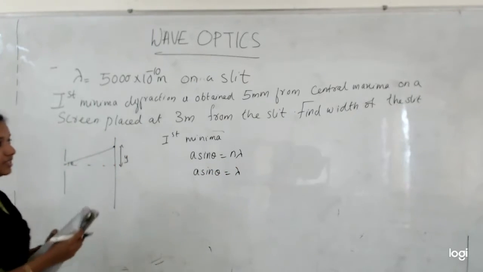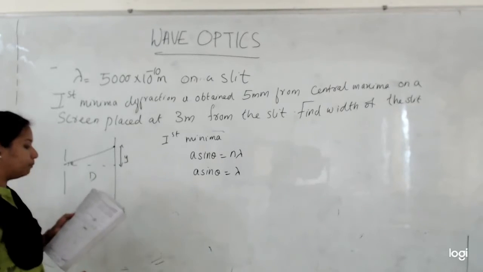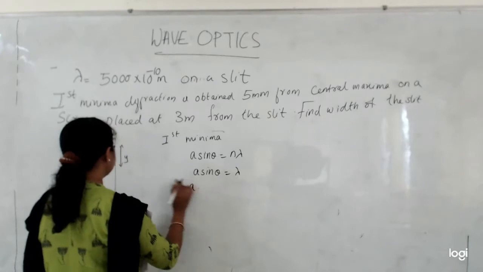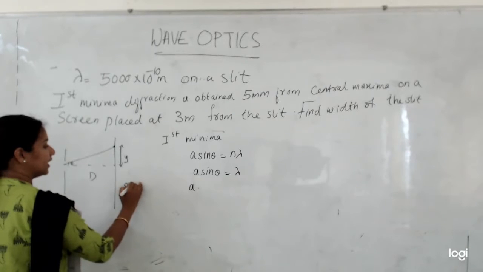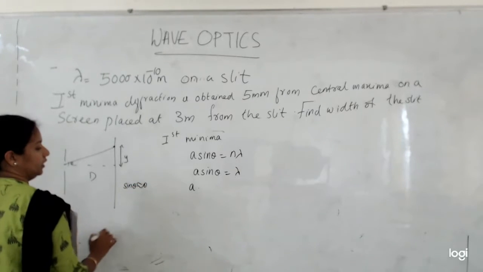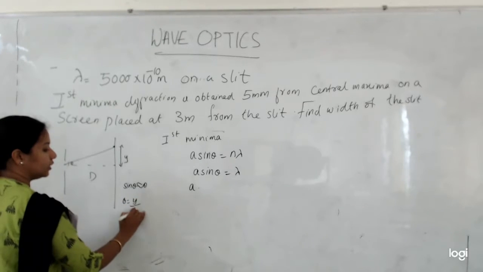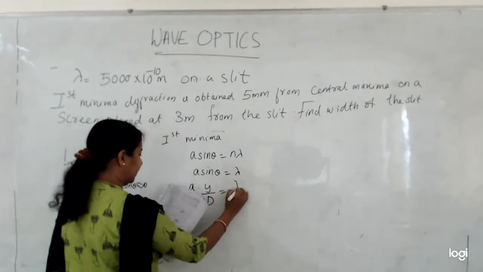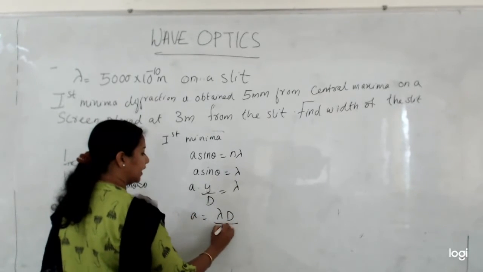Here we can find theta. Sin theta is nothing but opposite side by adjacent side, or you can take sin theta approximately equal to theta. So theta is equal to arc length by radius, y by d. So A times y by d equals lambda. We need A, which is lambda d by y.